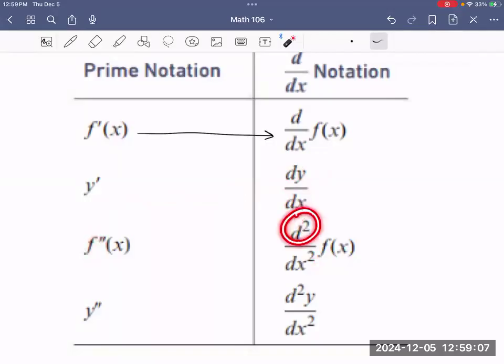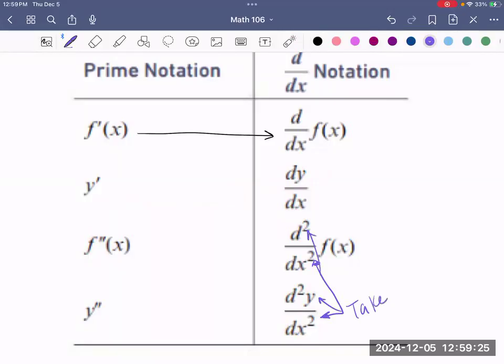You're going to take the second derivative of x with respect to y. That too just suggests that we're taking the second derivative.